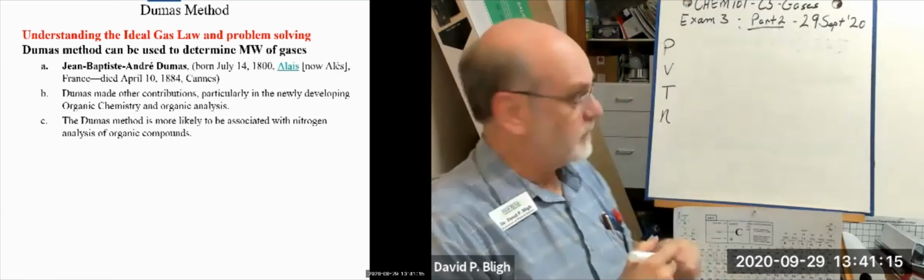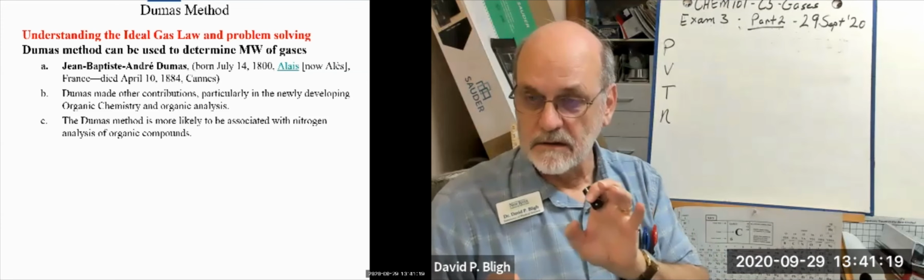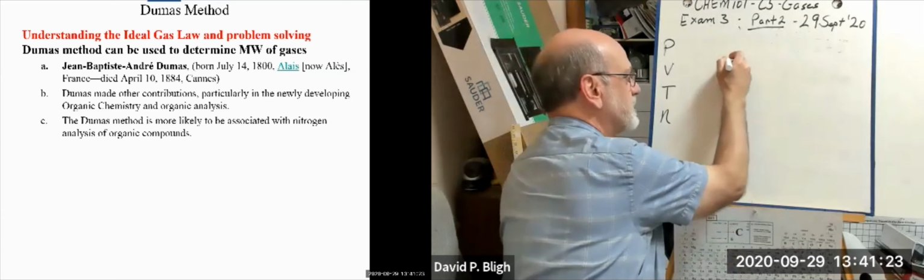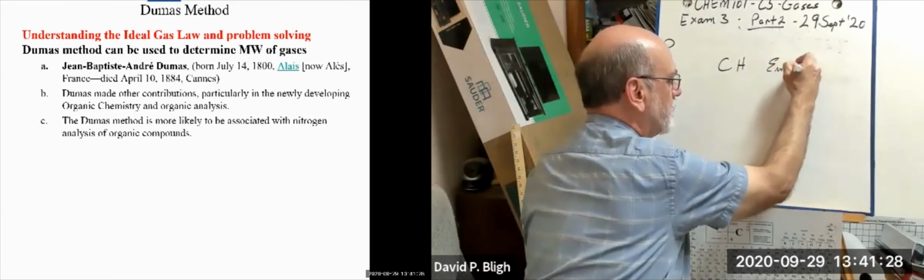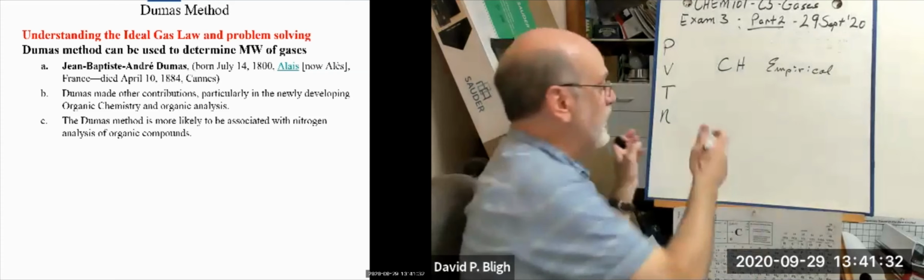Well, remember when we had a discussion of empirical formula and molecular formulas. Right? You have something like this, will be the empirical formula. But the actual molecule was composed of this.